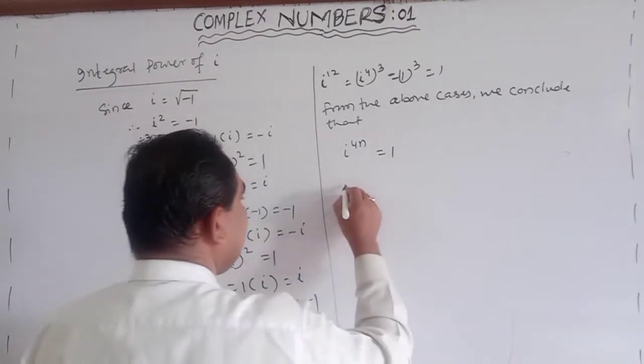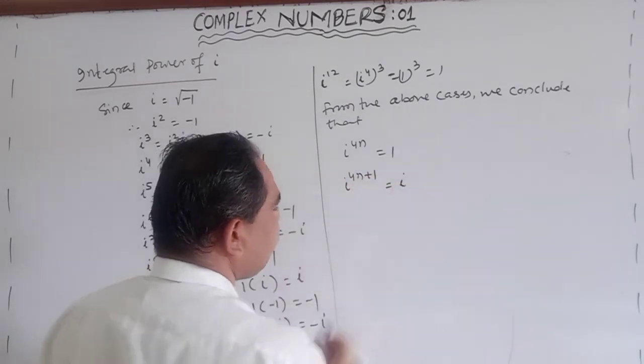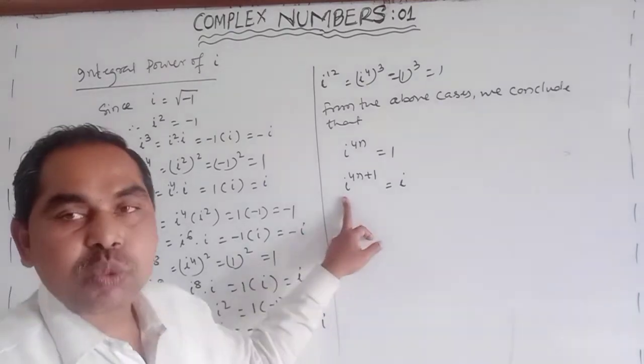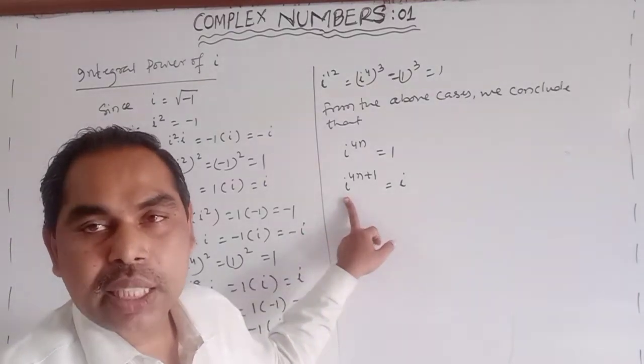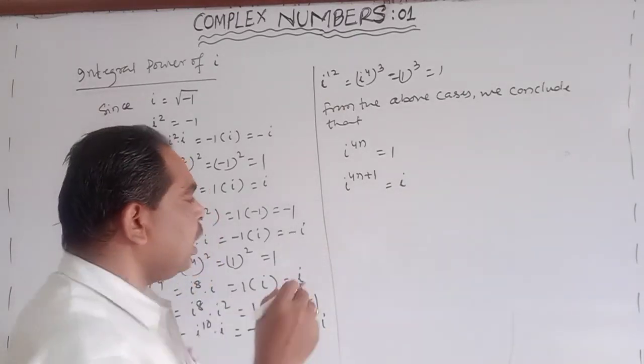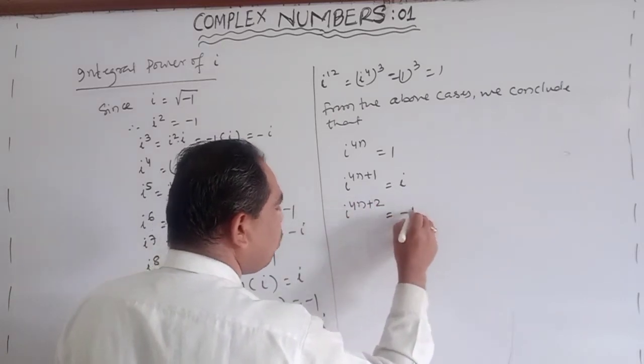Next, i to power 4n plus 1 is equal to i, because i to power 4n plus 1 means i to power 4n into i. So i to power 4n is 1, into i means i. Next, i to power 4n plus 2 is equal to minus 1.